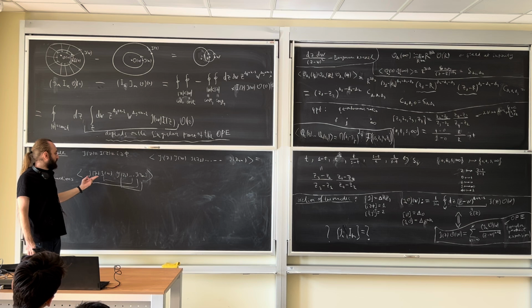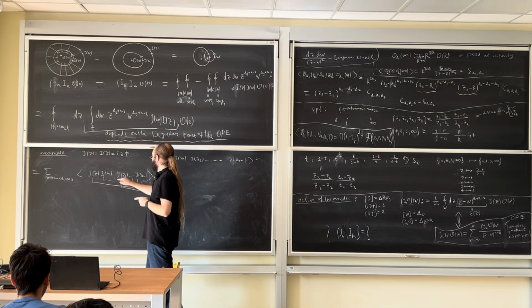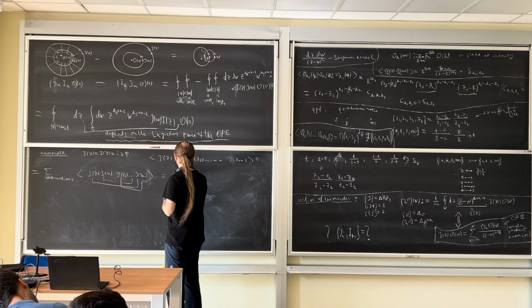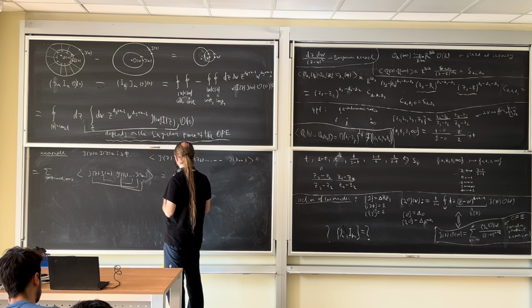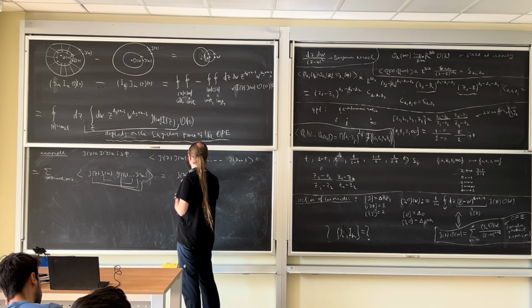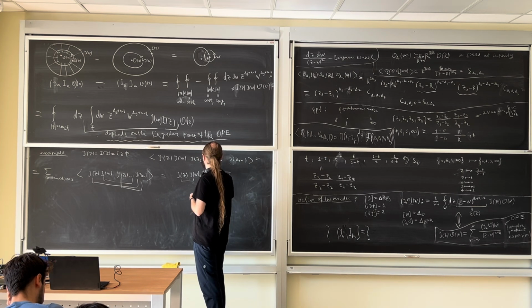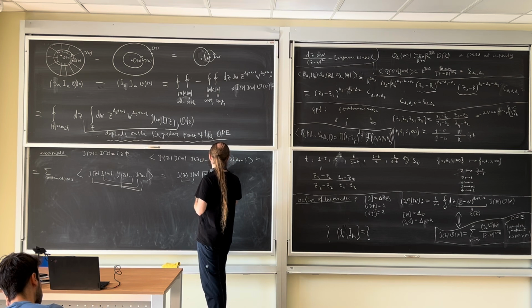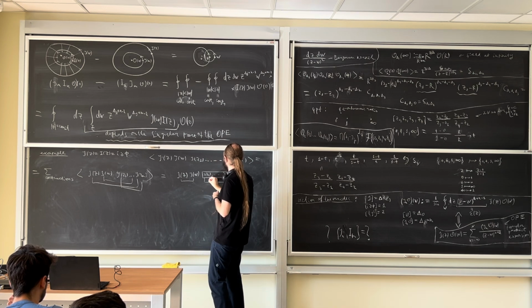But we can notice that there are two different types of contraction. One contraction is when we contract J of z and J of w, and everything else which is written there contracts to itself somehow.